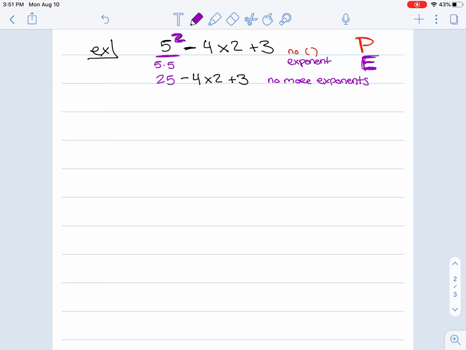And you should be writing everything I write. I'm looking for particular words when I give you credit for your notes. No more exponents. So then the next thing we look for is multiplication and division. So I'm looking. I found multiplication.